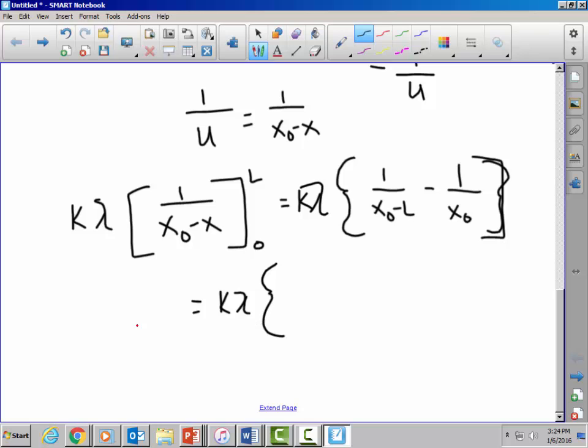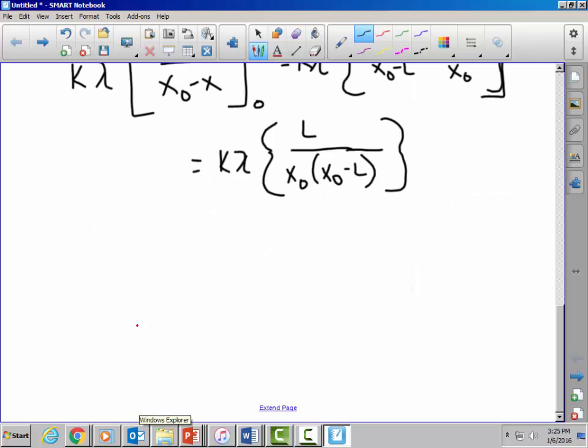You end up getting L over x naught minus L times x naught. And then we can put our k lambda back into that expression.